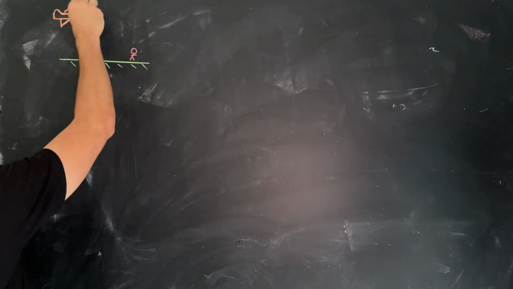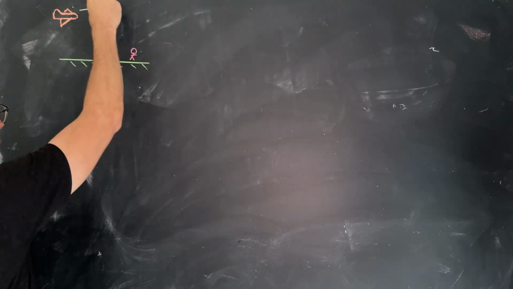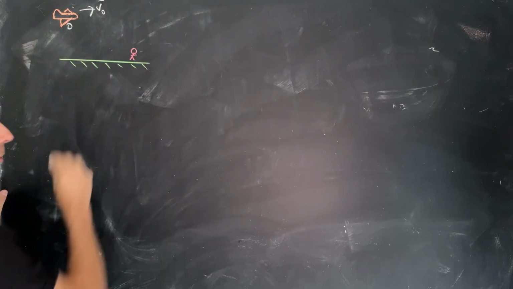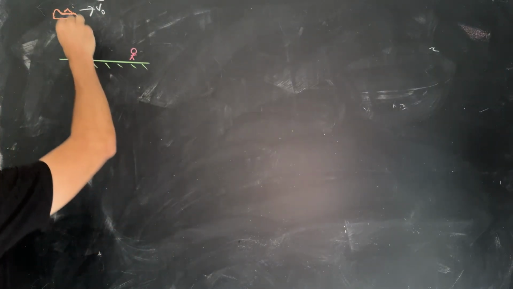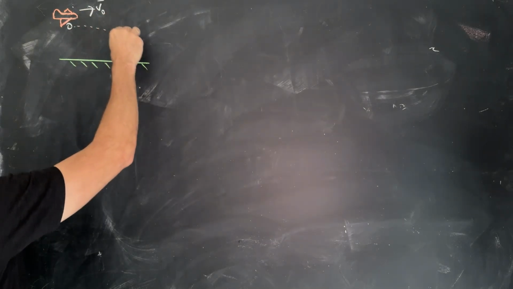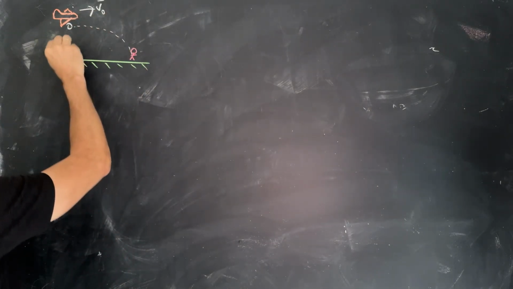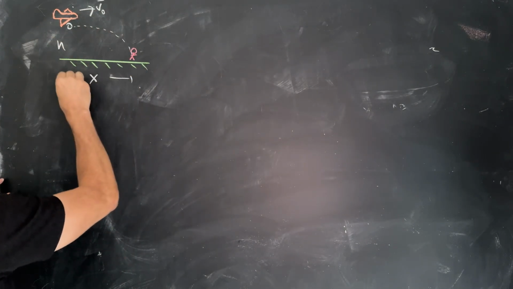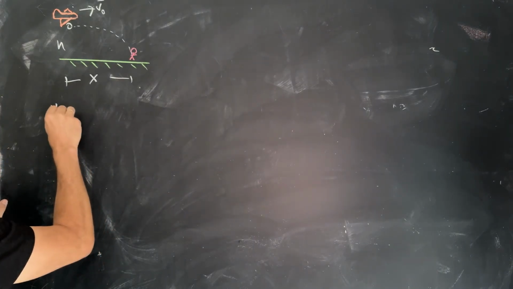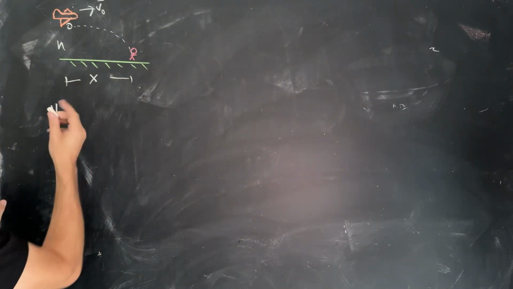Now, it has some velocity v, I'll call that v0, because once it drops, the package is going to have that same velocity, and it's going to go like this, right there. So this is a height h, and this is a distance x. So what are we given? We know the initial velocity vector. It's in the x direction.